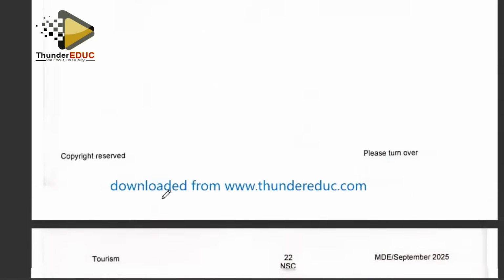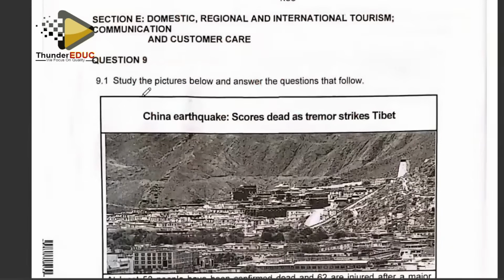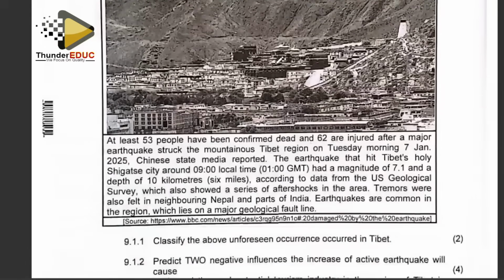Now moving straight to question number 9. Domestic, regional, and international tourism, communication and customer care. China earthquakes caused death as tremors hit Tibet. At least 53 people have been confirmed dead and 62 are injured after a major earthquake struck the mountainous Tibet region on Tuesday morning, 7 January 2025.